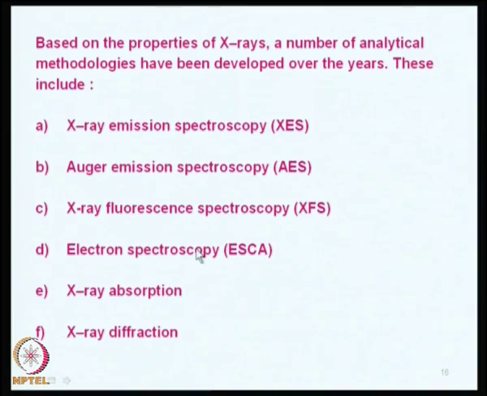Then you can have electron spectroscopy, that is ESCA. So, here you are studying only the specific portion of the surface of the sample, what elements it contains, etc., using the X-ray line spectrum.